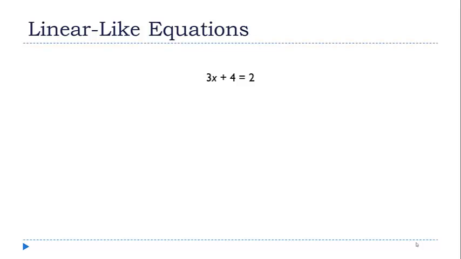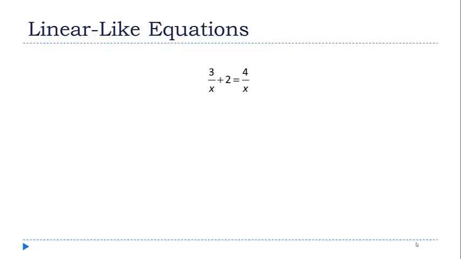Now, there are other equations that at first glance might not be linear. For example, this equation. Clearly not linear. There's a variable in the denominator, and that immediately disqualifies it as being a linear equation.